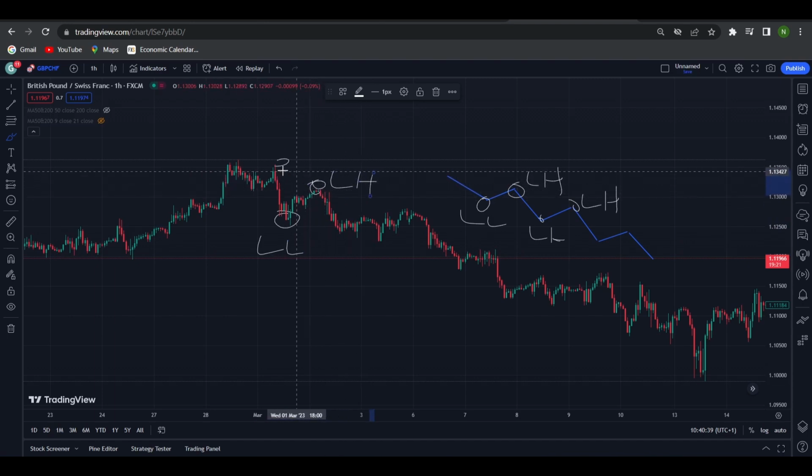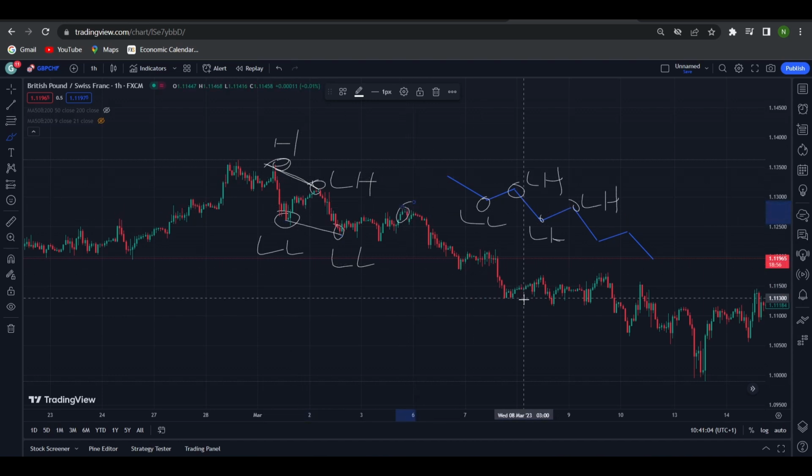So this is a lower high because it is beneath the previous point that it started. So you can see that this is lower than the previous high that we have here, and then makes another low. So at this point, we can see that we are in a downtrend due to the lowest points being reduced and the highest points being reduced. And so we are in a valid downtrend, and this pattern continues on and on for a while.